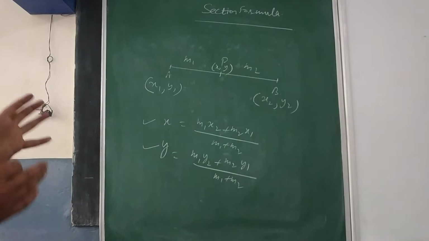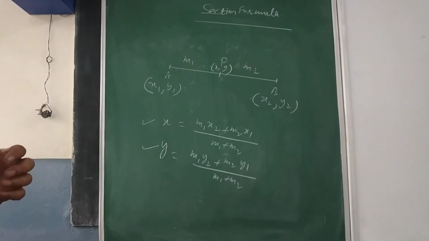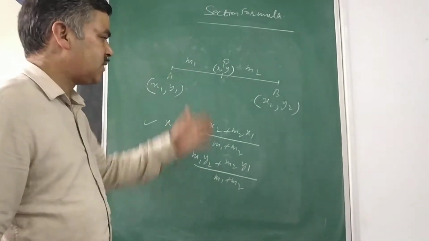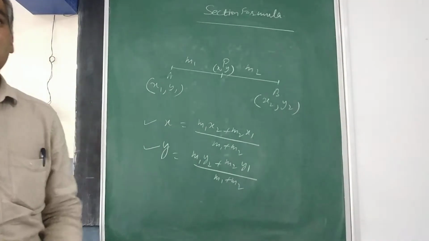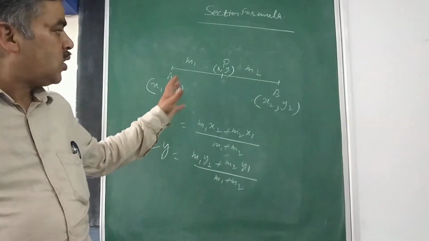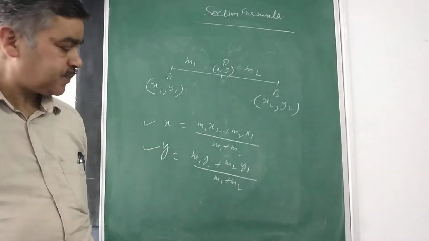Now the derivation is also there. You can see it in your textbook, or at a later stage I will give you the derivation, which uses the sum of the areas of trapeziums and a right triangle.